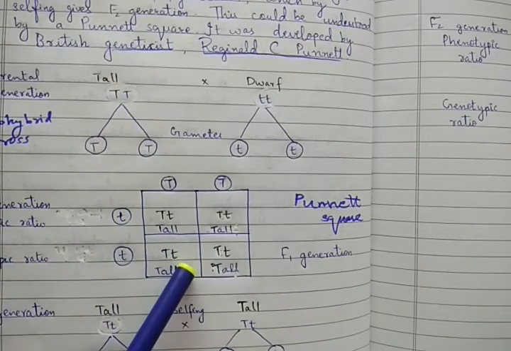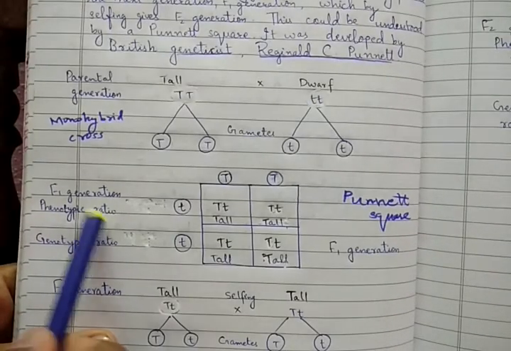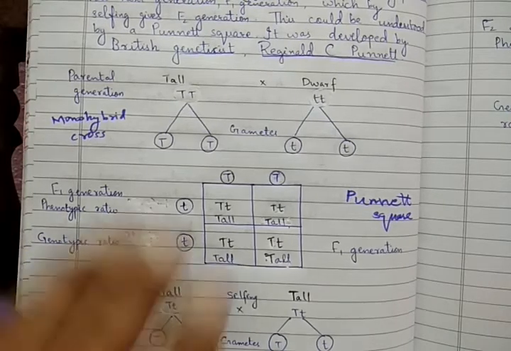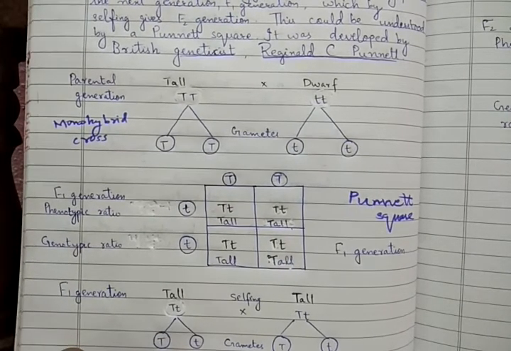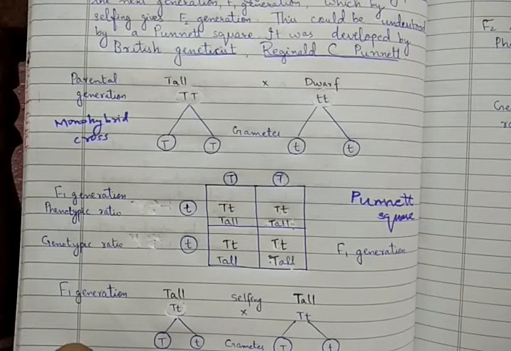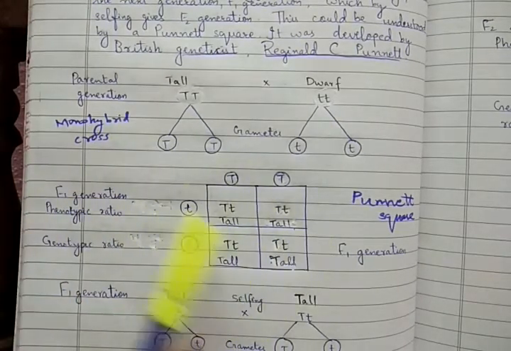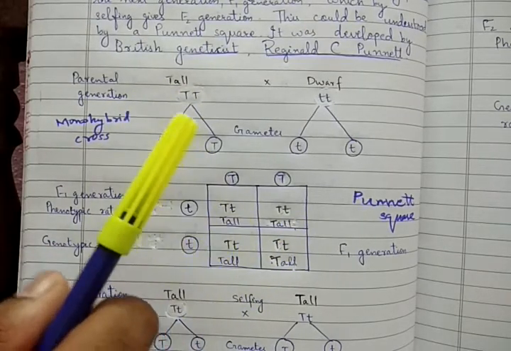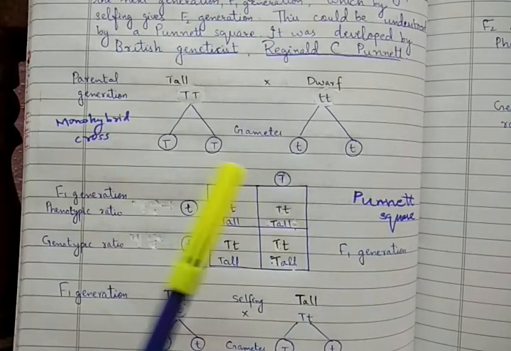So what can we say about the phenotypic ratio and the genotypic ratio of the F1 generation? Can there be any ratio? See, for a ratio we need at least two things to compare, but there is nothing to compare. We can say all the four characters which have occurred in the F1 are actually tall.